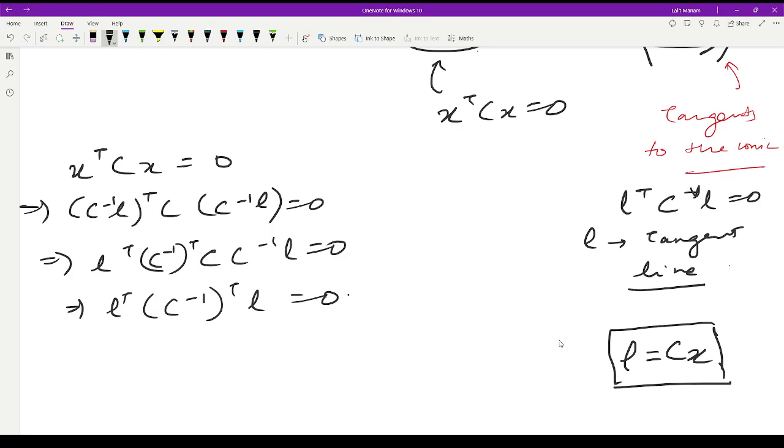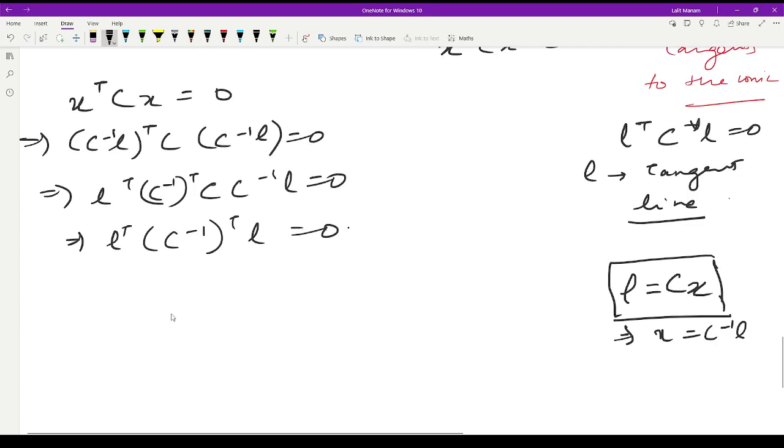You're taking C onto the numerator. What is C here? C is a matrix, right? Yes, sir. L is what? A vector. X is also a vector. So you can't divide vectors, right? Okay, got it. Just to clarify, I'm getting C inverse X is C inverse L. Okay, fine.